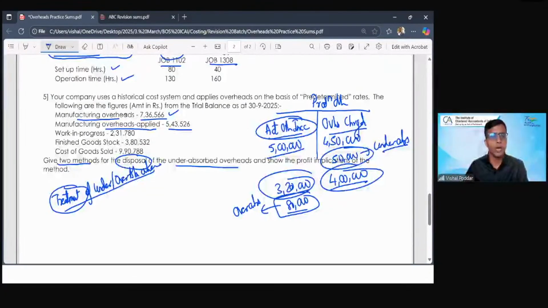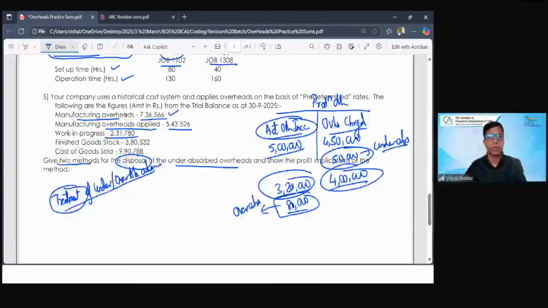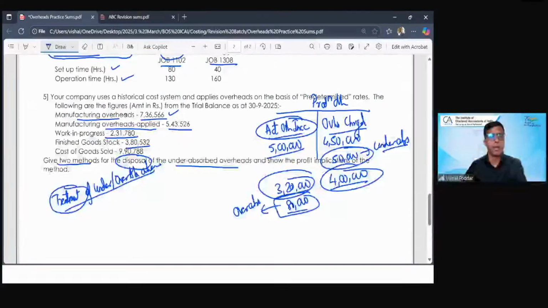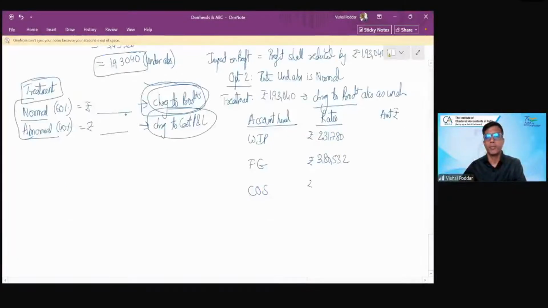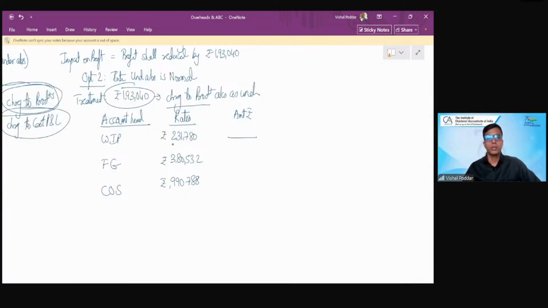This ratio is the values given: 231,780, then 380,532, and then 990,788. So I divide this entire amount of under absorption in this ratio.